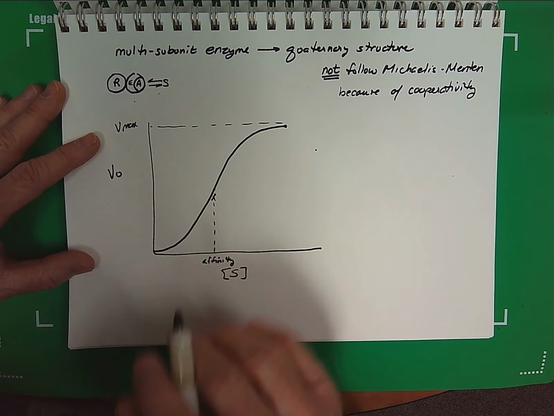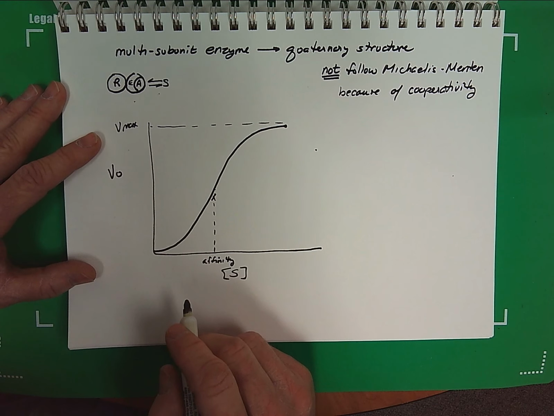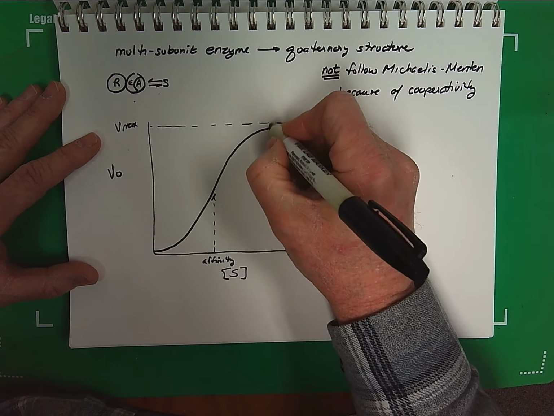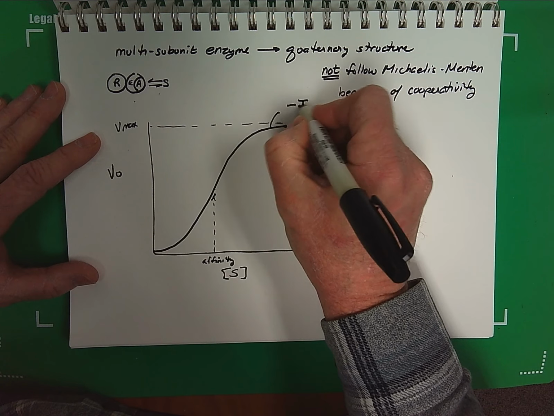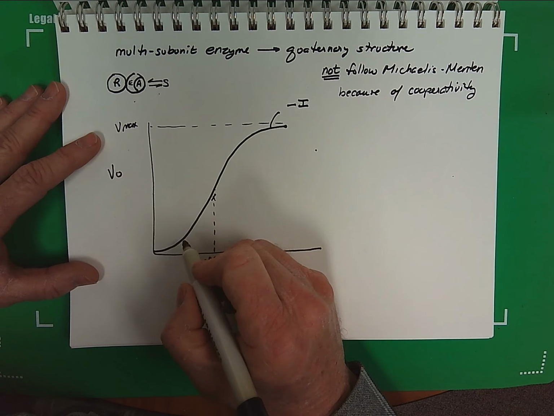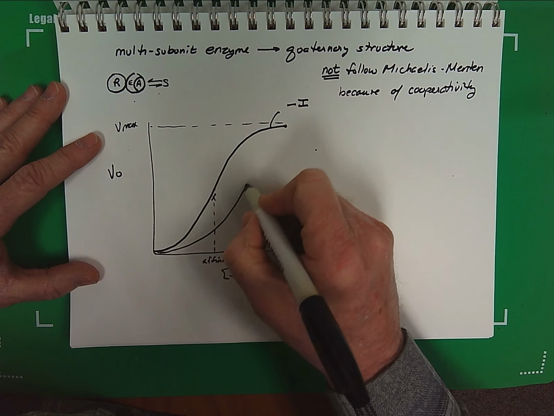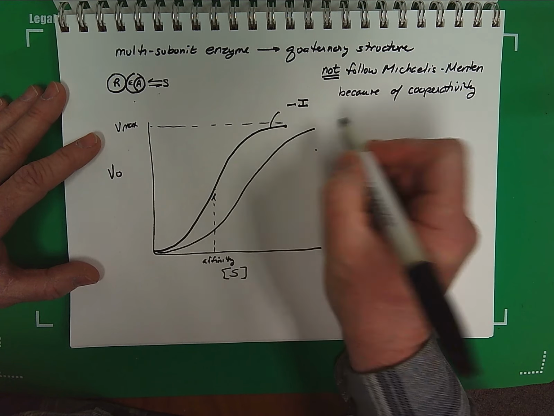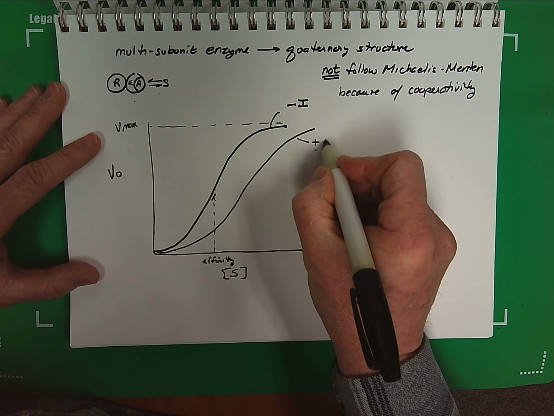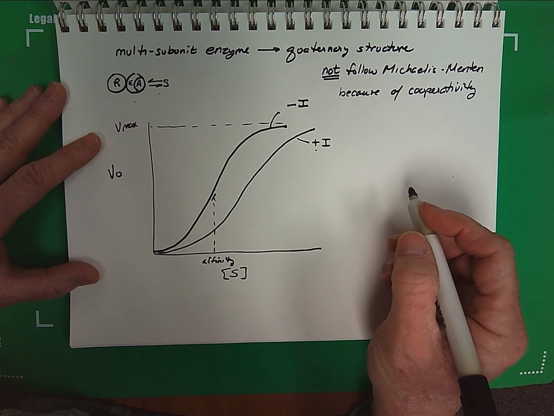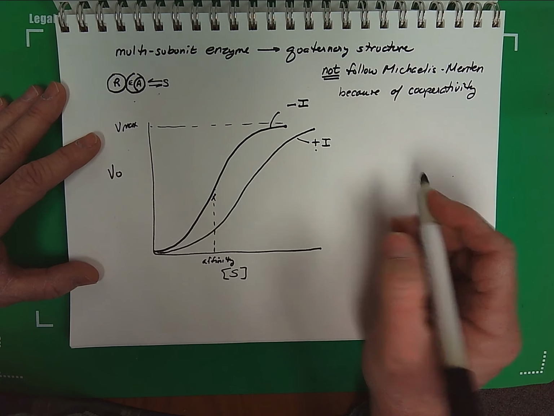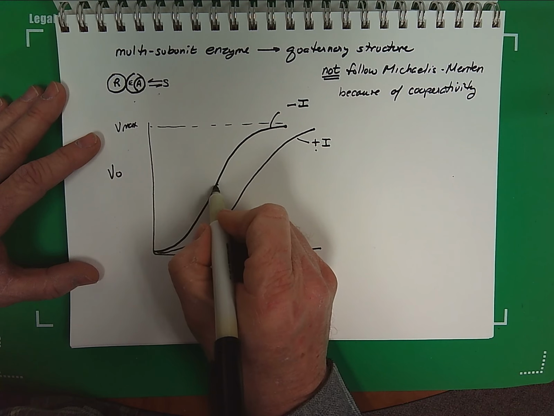Now, how do we regulate these enzymes? If we add an inhibitor, this of course is minus inhibitor, these enzymes tend to look like this. This is plus inhibitor. Notice what we've done.